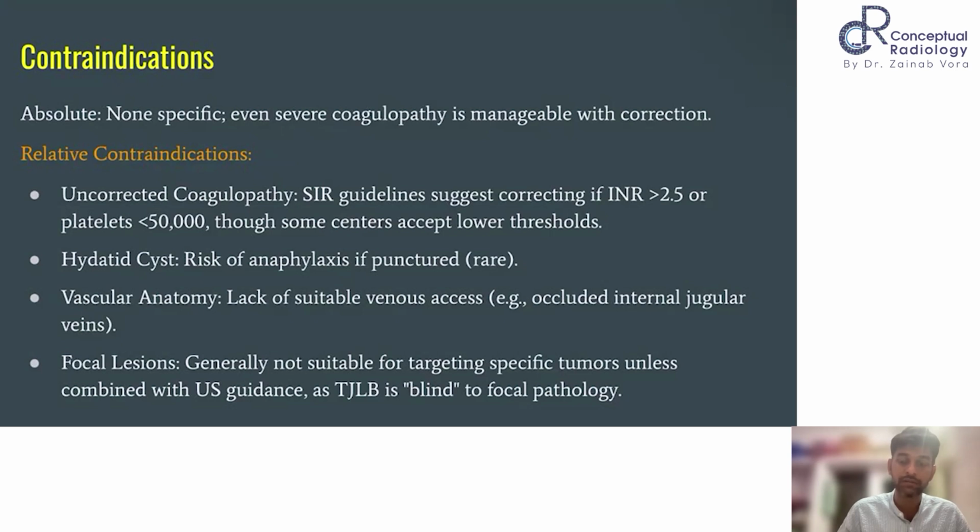However, if the lesion is very near the middle hepatic or right hepatic vein, and in cases of severe coagulation derangement, then we can go with TJLB. Although we don't do TJLB for focal lesions, and percutaneous is the procedure of choice, in a few cases based on patient criteria we can proceed with TJLB if the lesion is near the hepatic veins.